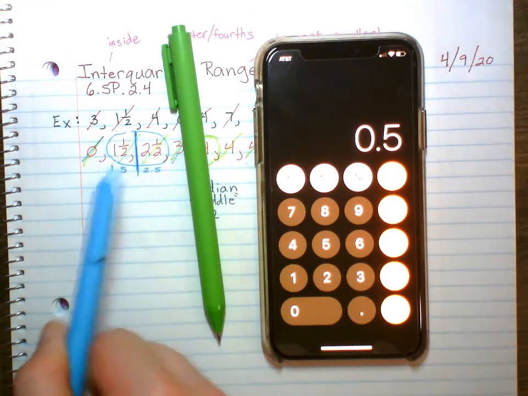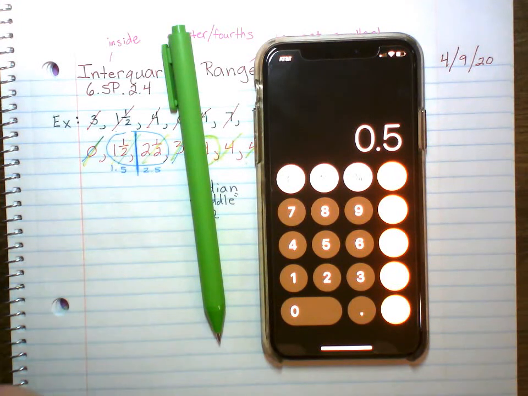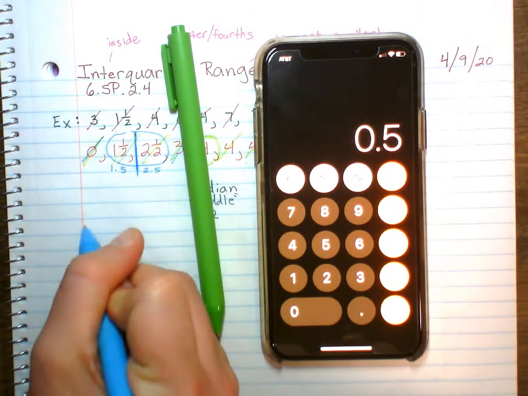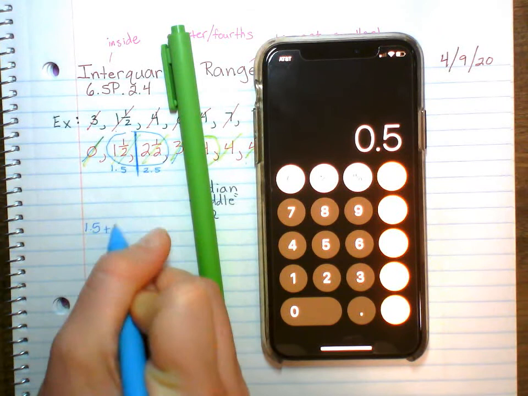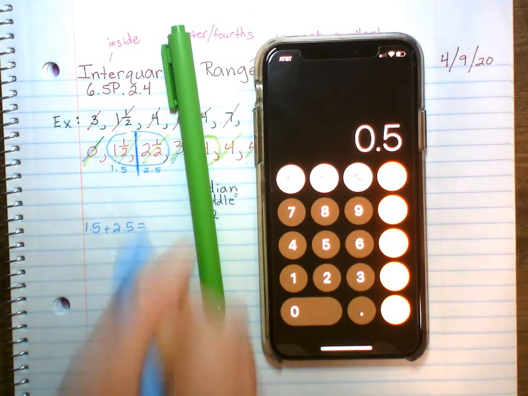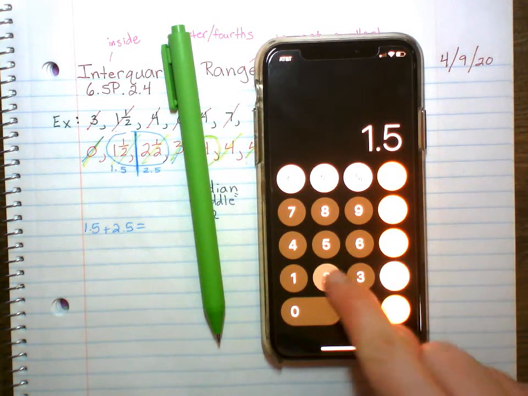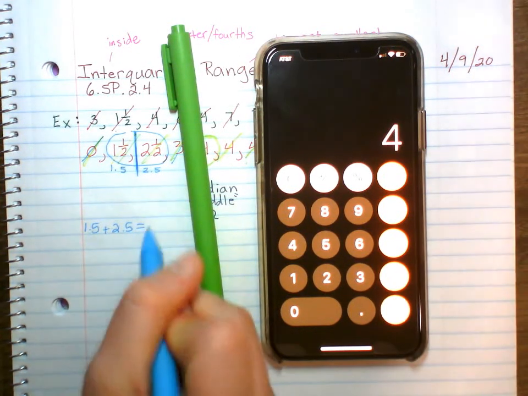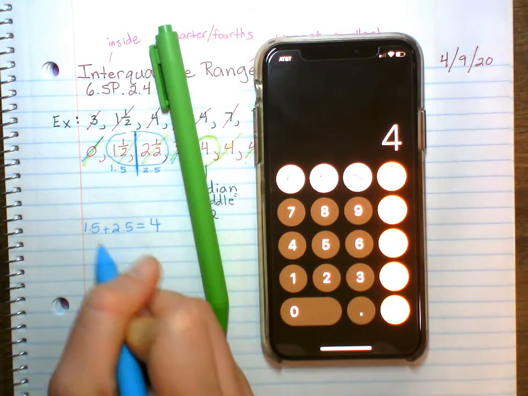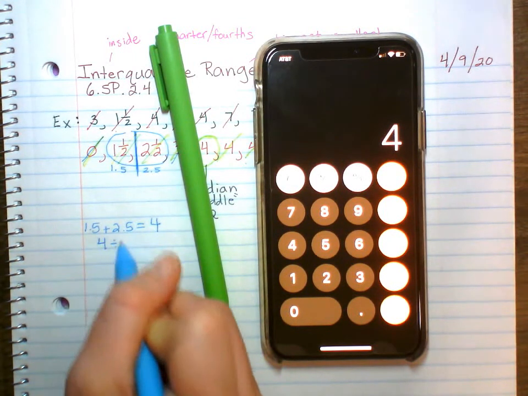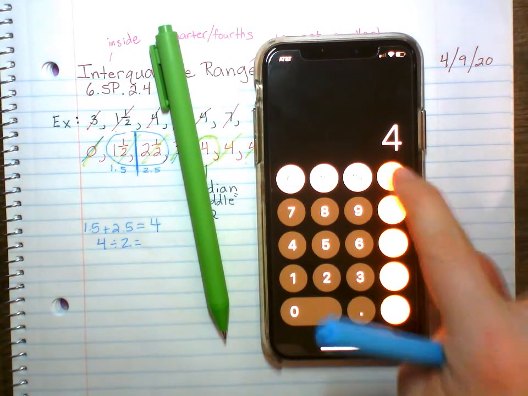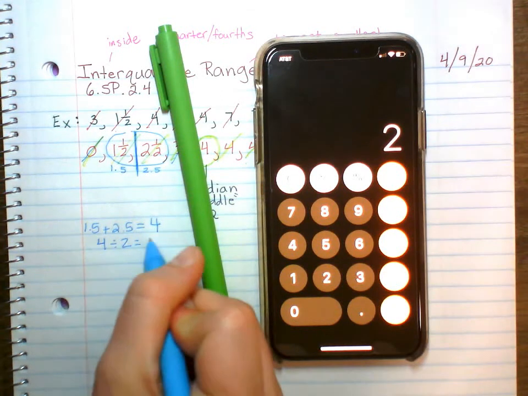So to find the middle of 1.5 and 2.5, first we add them. We do 1.5 plus 2.5 and get 4. And then we divide by 2 because we added 2 numbers. 4 divided by 2 is 2.